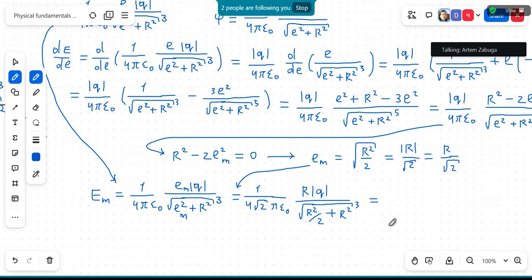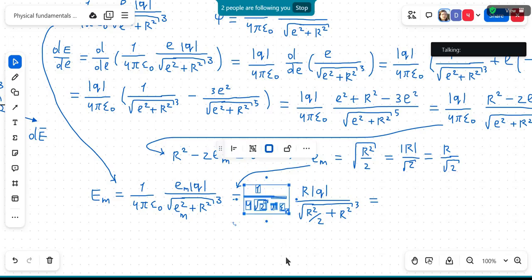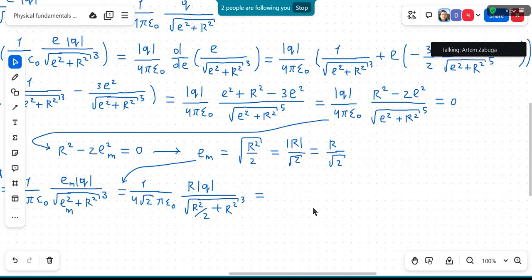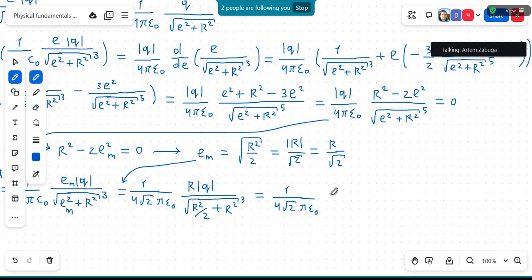So we will get this, and here r absolute value of q divided by the square root of 3 r to the power of 2 divided by 2, and this is to the power of 3.